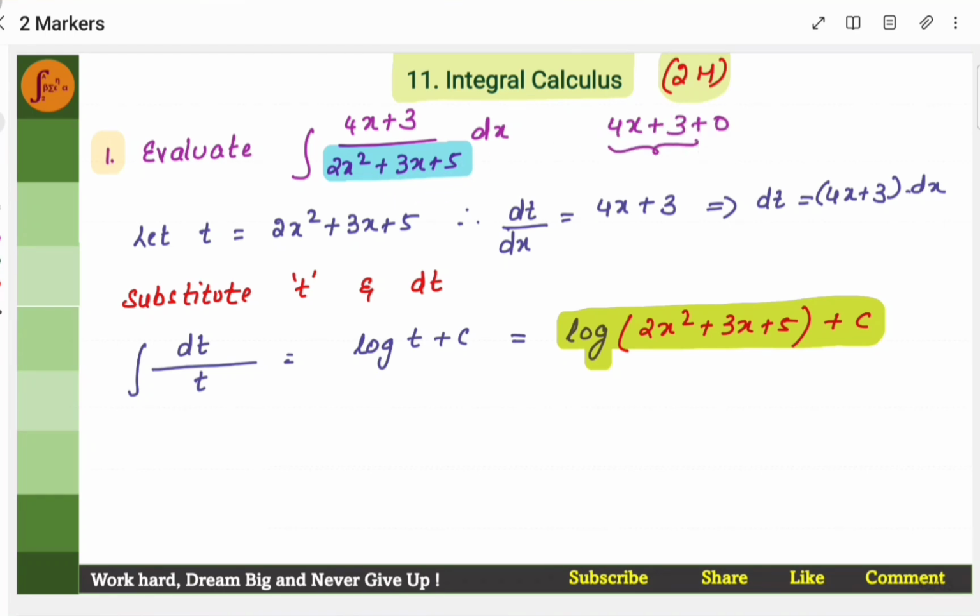So the derivative and the function are in the same expression. When you have something like this, you assume that this denominator function is t and 4x plus 3 is the derivative. So you substitute t and dt here. So you'll get dt by t. Integral of 1 by t is log t. Then substitute t here, 2x square plus 3x plus 5, and then put the constant.